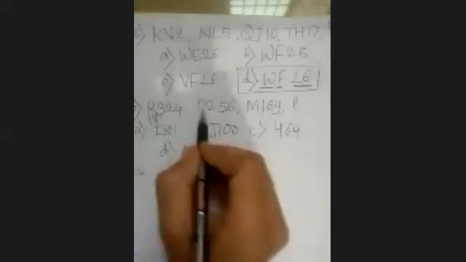Then if you consider letter P, which is at number 16, and that is squaring as 256, right? And M is at 13, which is 169, right? So in this way, you have square.